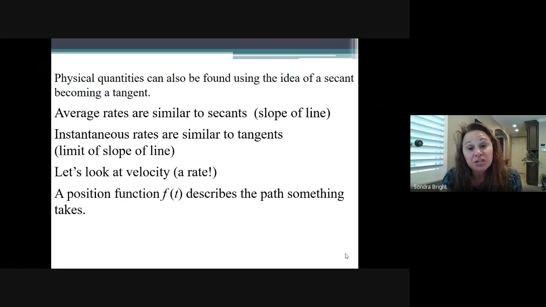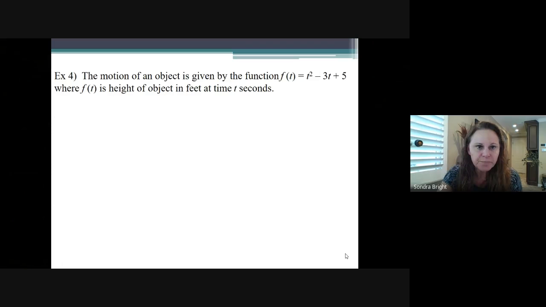A position function will describe the path that an object takes. So position is where the ball or the car is, and velocity is the rate of change of the position. Let's talk about the motion of an object, given by the function f of t equals t squared minus 3t plus 5, where f of t is the height of an object in feet at t seconds.